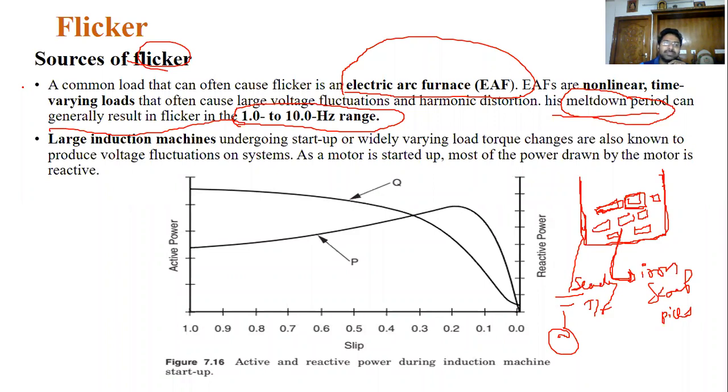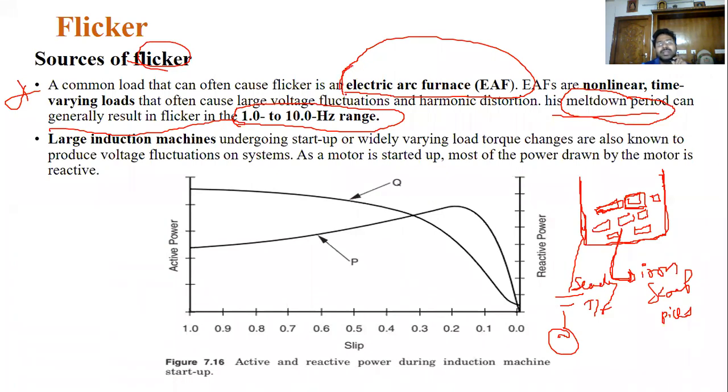So this is one case, and the main important case is electric arc furnaces. Another flickering case is arc welding. You can observe arc welding cases also, whenever you see manufacturers like welders making gates and iron equipment. You can observe it in a welding industry or on the roadside.